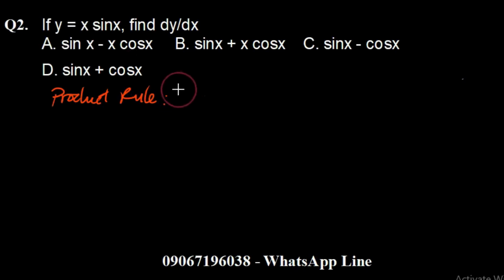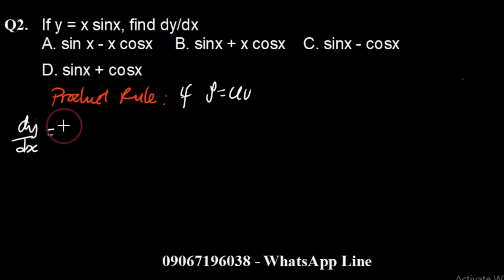The product rule states that if y equals uv, then differentiating, dy over dx is going to give you u dv over dx plus v du over dx.